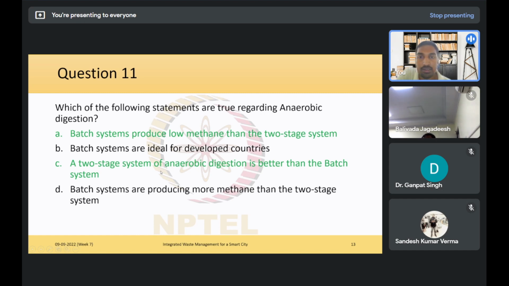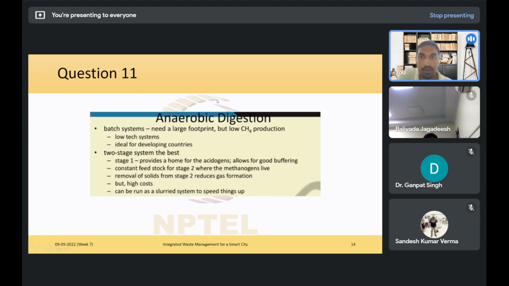Why? Because in a two-stage system the acidogenic and the methanogenic phases are separated. We saw that these two phases are different, right? So they require different conditions. By separating them, the process becomes much easier and better to handle, right? So in that way, a two-stage system will be much better for the anaerobic digestion. If you recall from the lecture, we discussed these two. The batch system is better for the developing countries, but there will be low methane production from it.